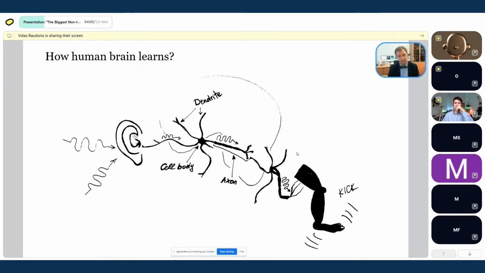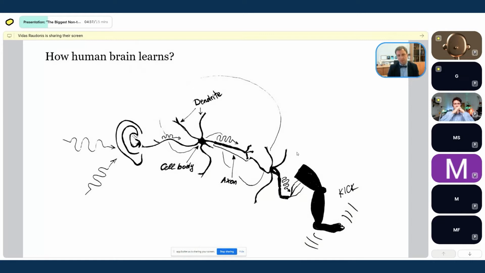For example, it's still a biological concept of the human brain. If you have some kind of sound which stimulates one neuron, and the sound is really annoying, and somehow that neuron is connected to the leg, and the leg does some kind of motion, and the sound disappears, which was annoying.